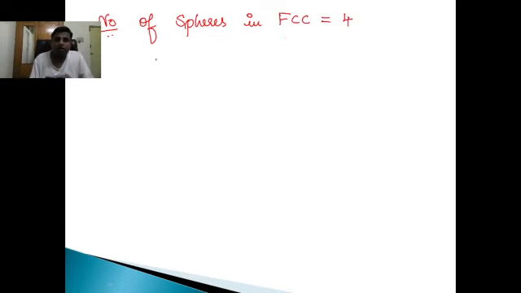Now, how many particles are there in FCC or CCP? The number of spheres in FCC is equal to 4. There will be 4 particles, correct? The volume of one sphere, maths again, is equal to 4 by 3 pi r cube, correct?